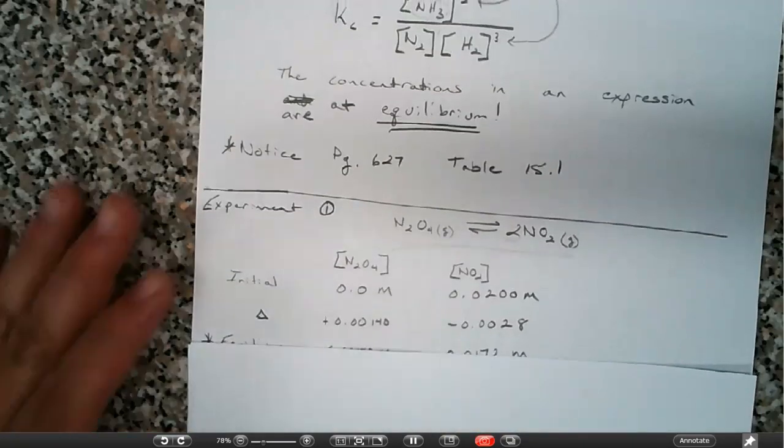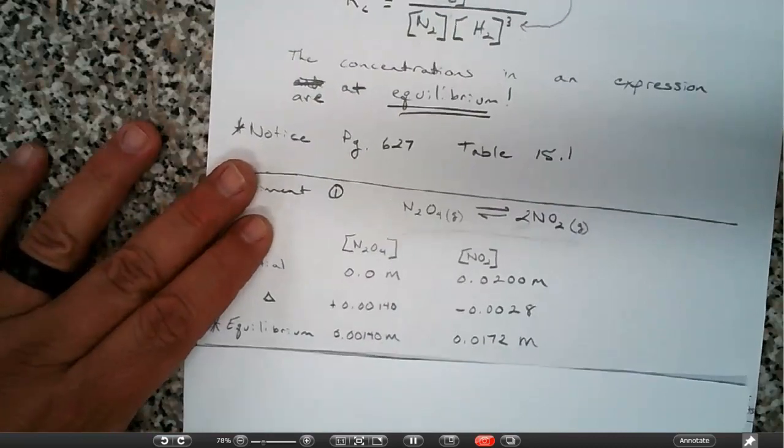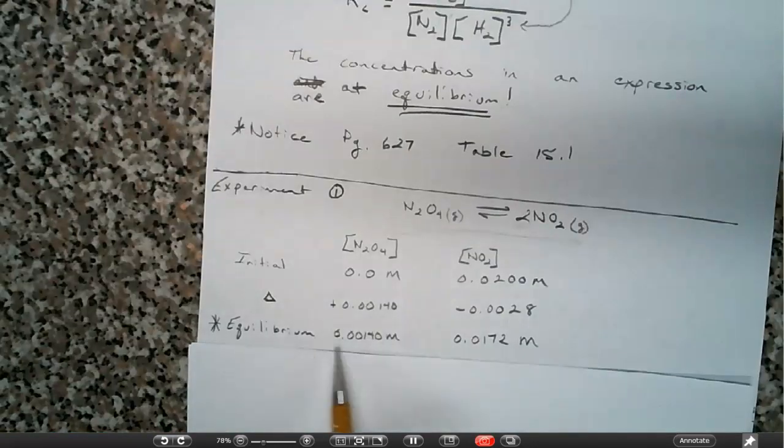Because, and you're probably wondering, where'd you get the change from, Mr. Martin? From right here. These are the equilibrium values that I took from the chart on page 626, which gives me the equilibrium concentrations. And the difference between these two is merely this change here.